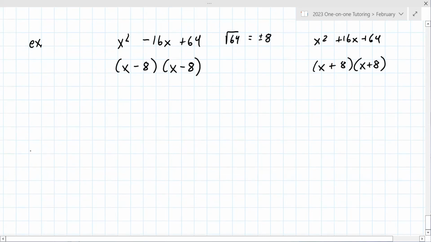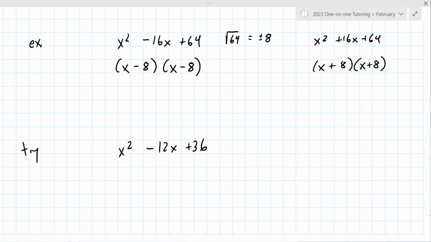Okay, so here's one for you to try: x squared minus 12x plus 36. You could try that for us, please.